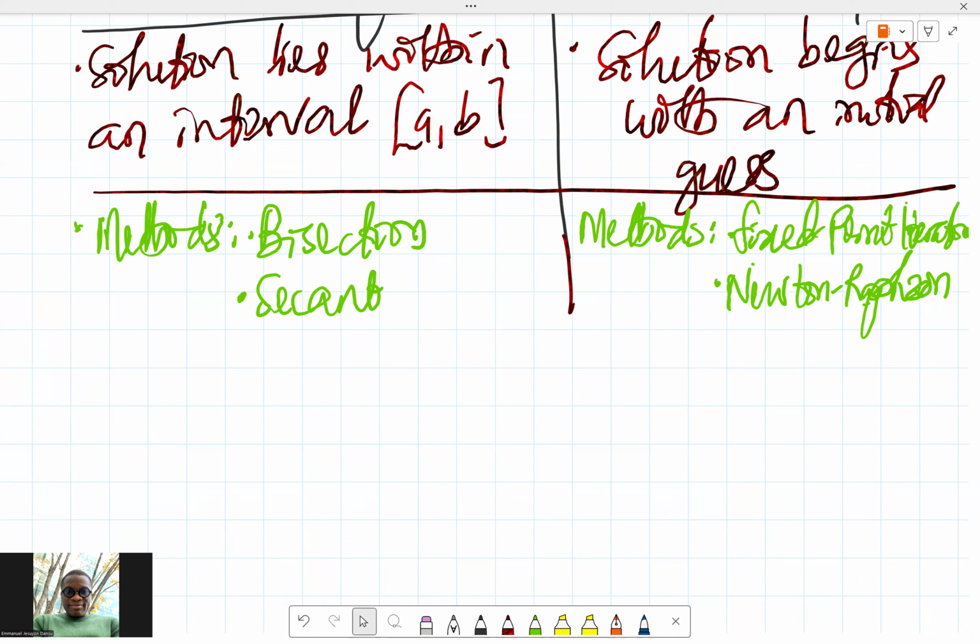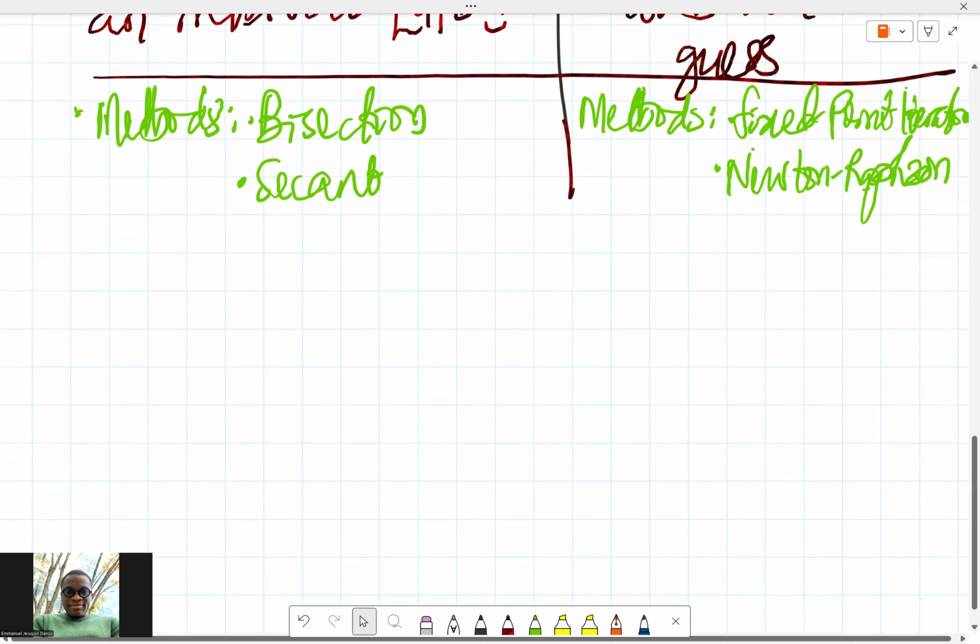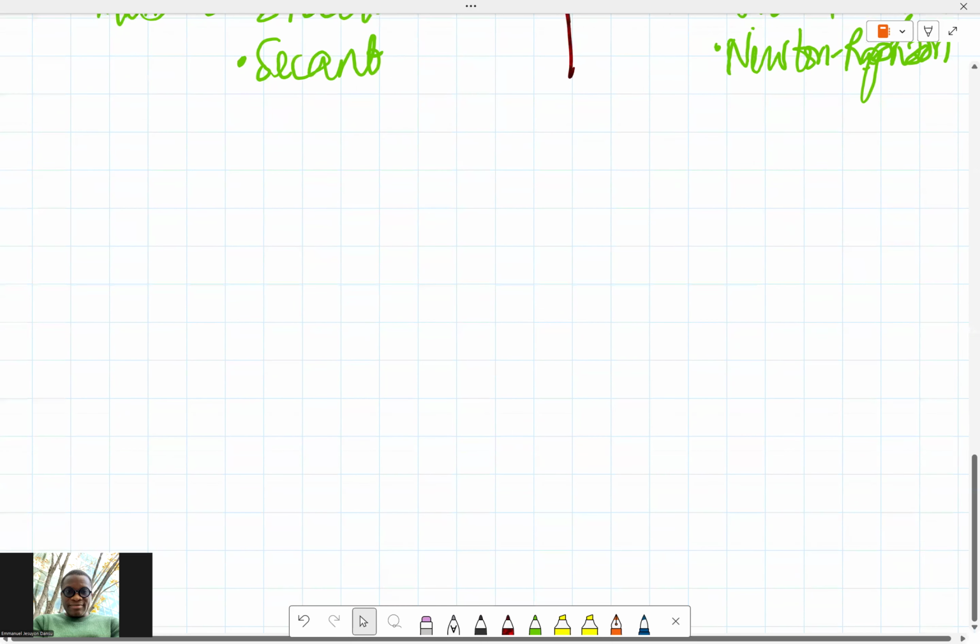Like I said, the bisection method requires that you look for a solution within an interval. The next thing I want to talk about is the steps.